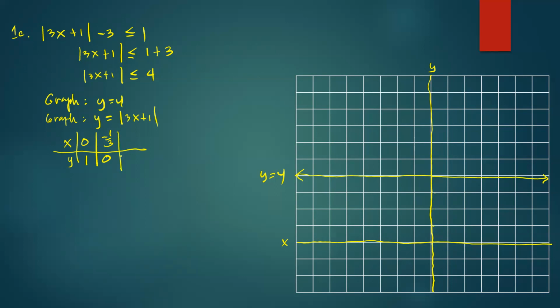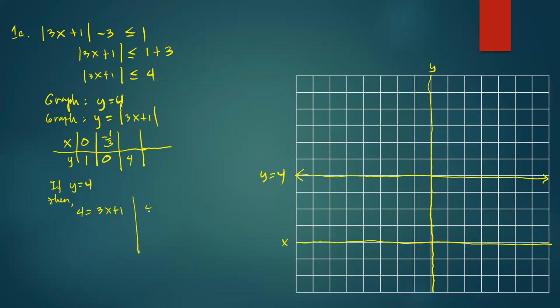Okay. Then since we are aiming for the intersection of the modulus to y is equal to 4, then let us plot 4 as value of y. Okay. So again, if y is equal to 4, then we will have 4 is equal to 3x plus 1.